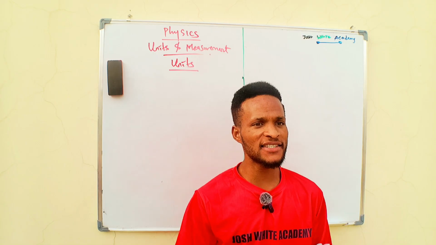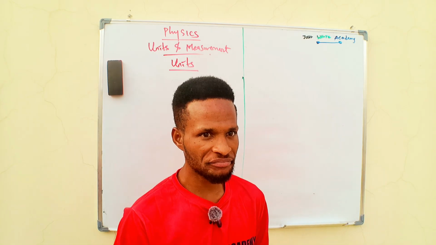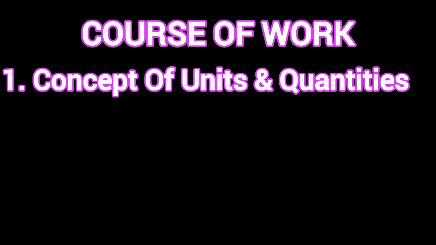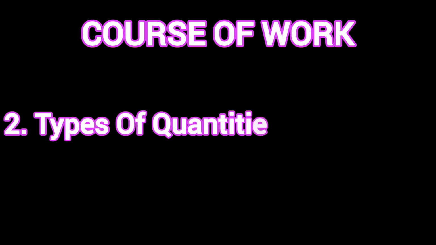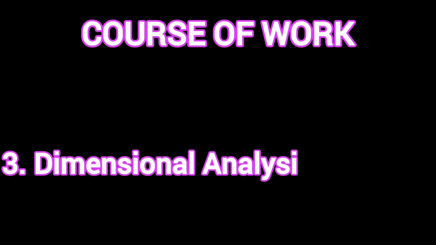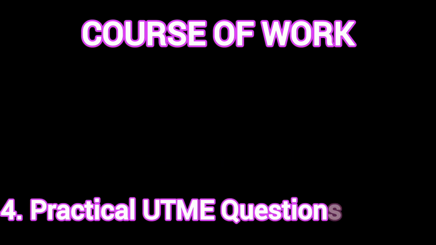We will start this topic by explaining the concept of units. Then we'll explain the types of quantities and units. Then we will move on to talk about how we can analyze dimensions, and we will end the class with practical UTME questions.